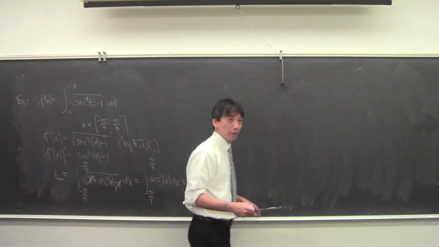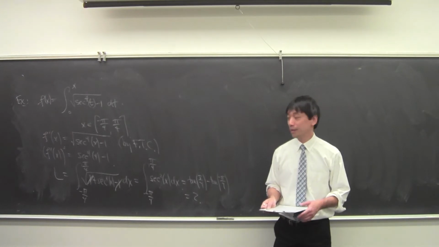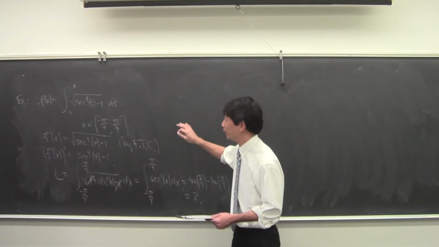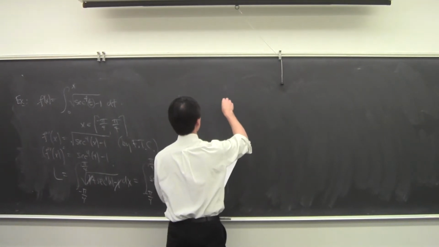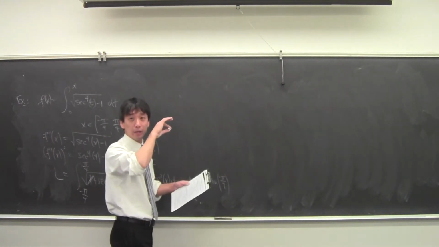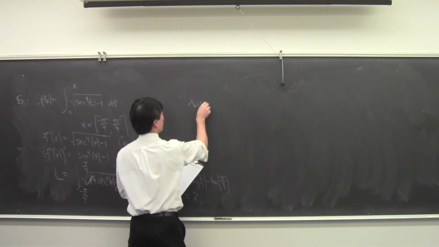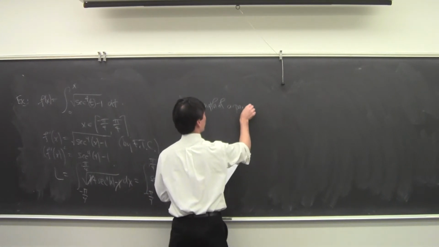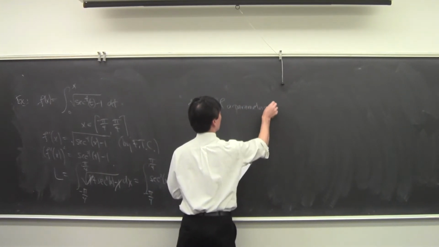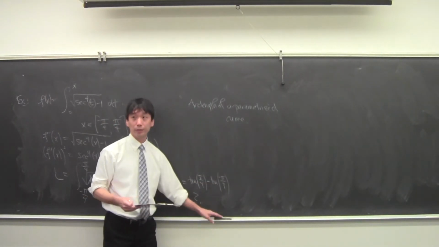Okay. So I hope you're getting a sense of how to do the arc length, right? It's pretty straightforward. You just have this formula. So that's the arc length of a graph, right? We're going to do something a little bit different. Arc length of a parameterized curve.